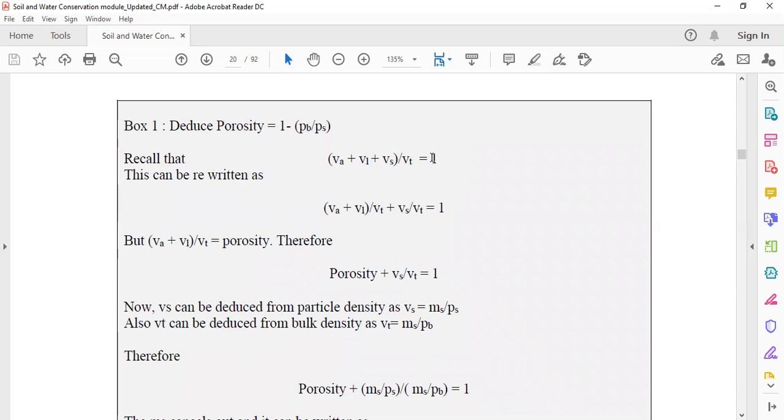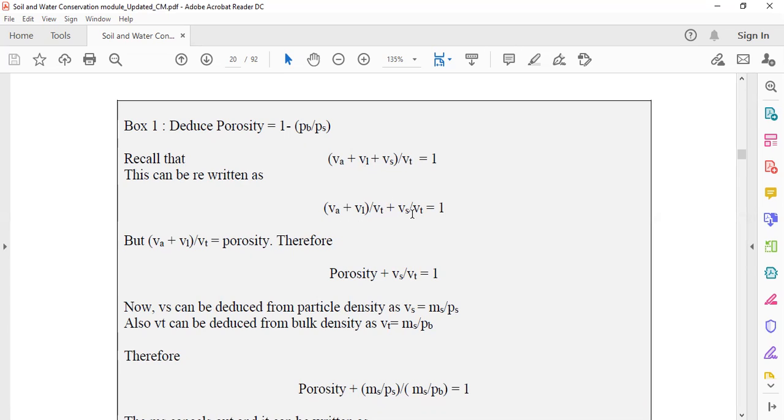But we also said that the volume of air and liquid, we can classify it as the volume of pores. Because this is a fraction, we can separate it to say VA over VT plus VL over VT plus VS over VT.